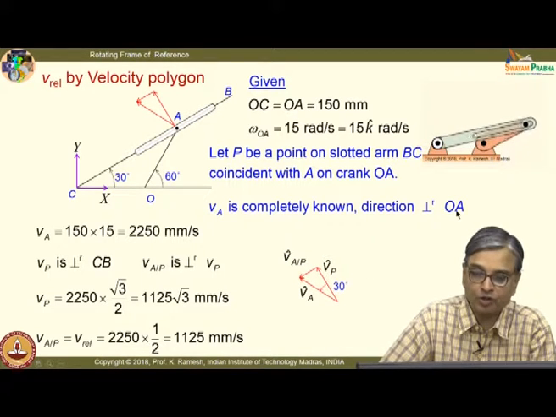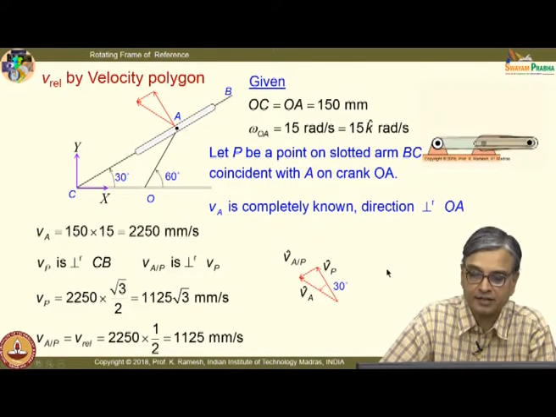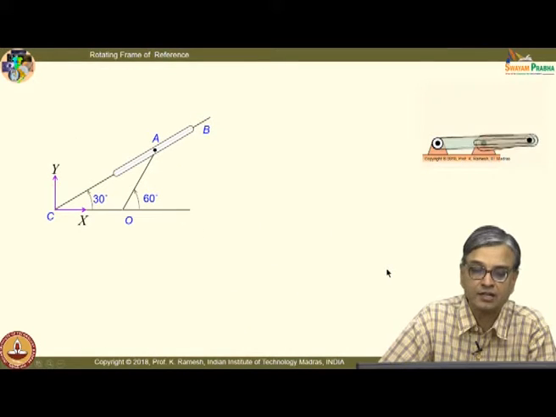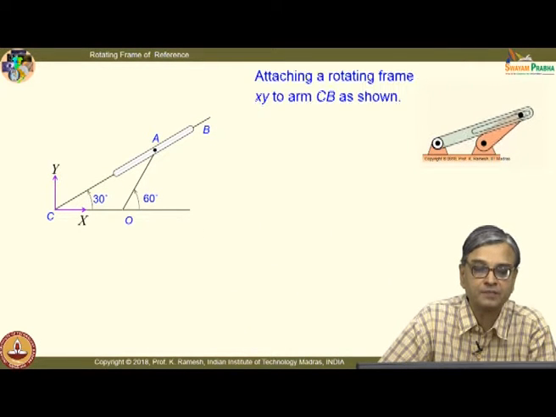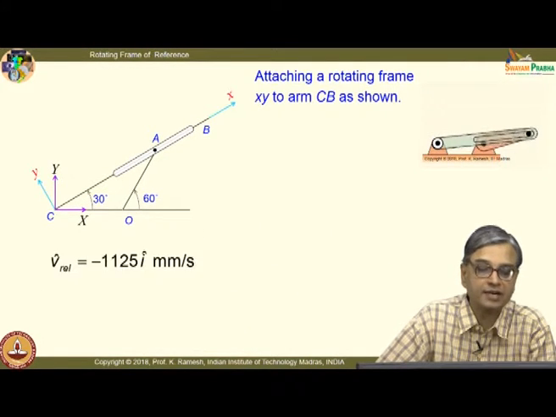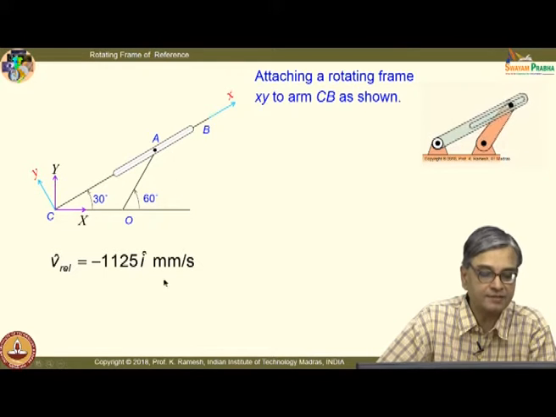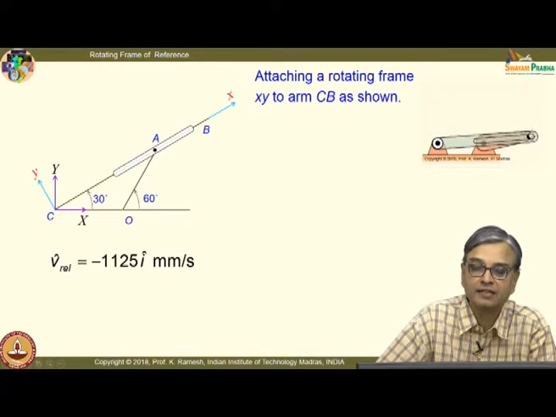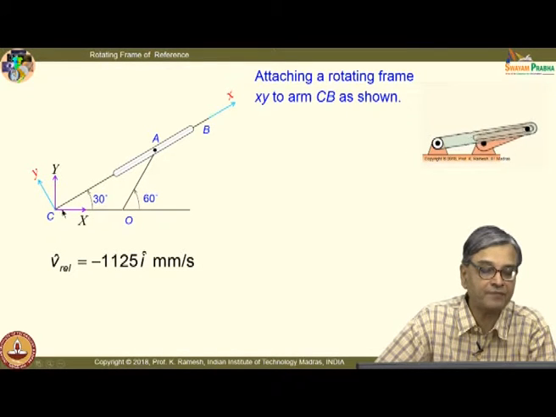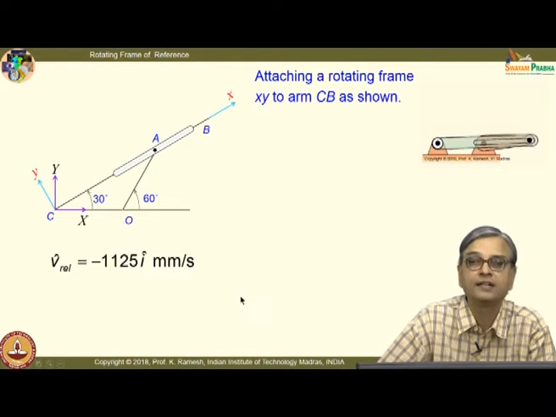And we also need to find out the angular velocity of the slotted member, and let us attach a rotating frame of reference to the slotted member CB like this. So, whatever the quantity that I have got, it is very clear the point is coming down. So, if I have x positive this way, when it is coming down, it is minus 1125 i.